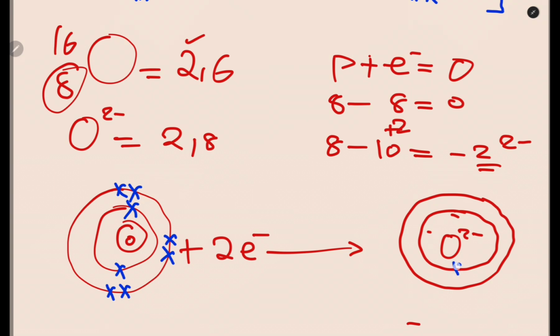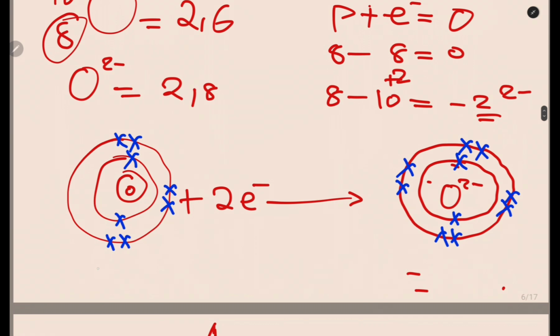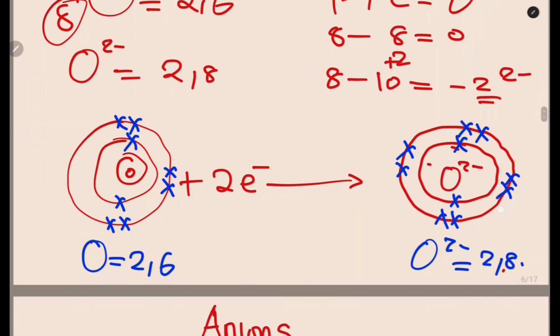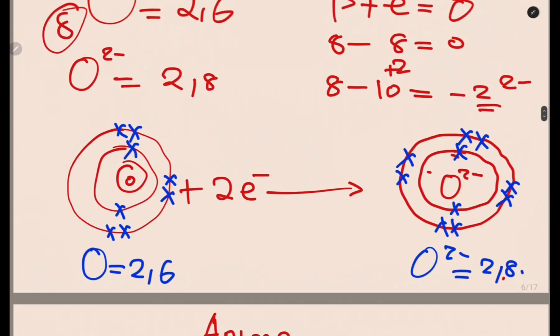Here we have 2, then here we have 8. So the configuration of oxygen is going to be 2, 6. For the oxygen ion it is going to be 2, 8. So please, these changes are very important where exams are concerned.